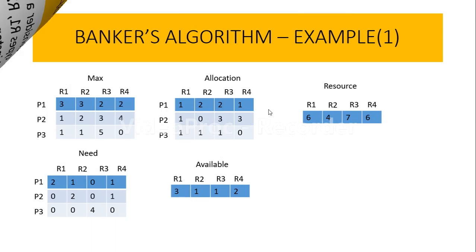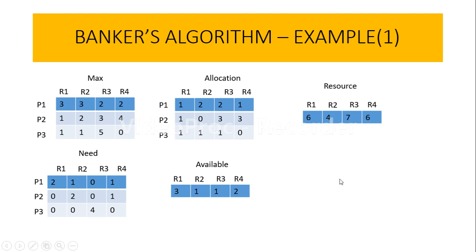The same thing I am writing here. That means there are totally 6 R1 resources available, 4 resources of R2, 7 resources of R3 and 6 resources of R4.